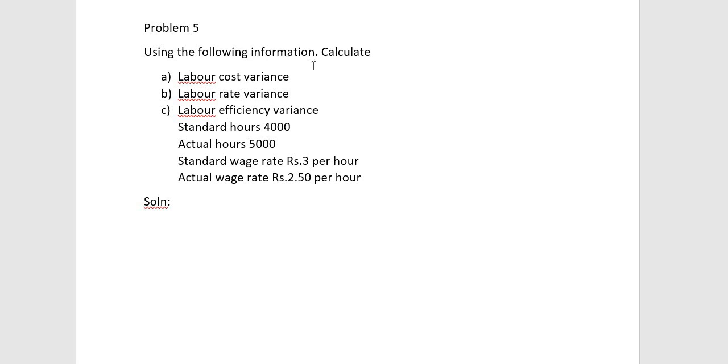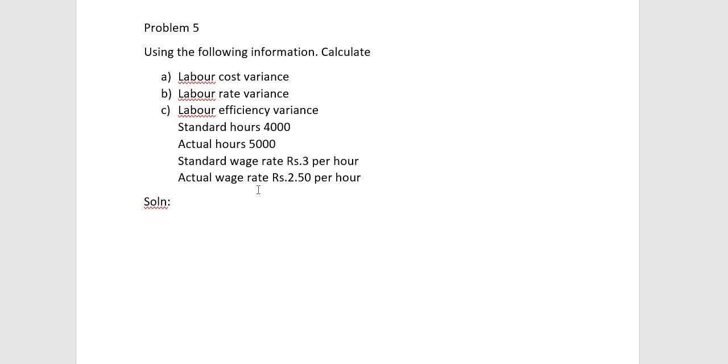Using the following information, calculate labor cost variance, labor rate variance and labor efficiency variance. Standard hours is 4,000 hours, actual hours is 5,000 hours, standard wage rate is rupees 3 per hour, and actual wage rate is rupees 2.50 per hour. Both the standard and actual wage rates are given.